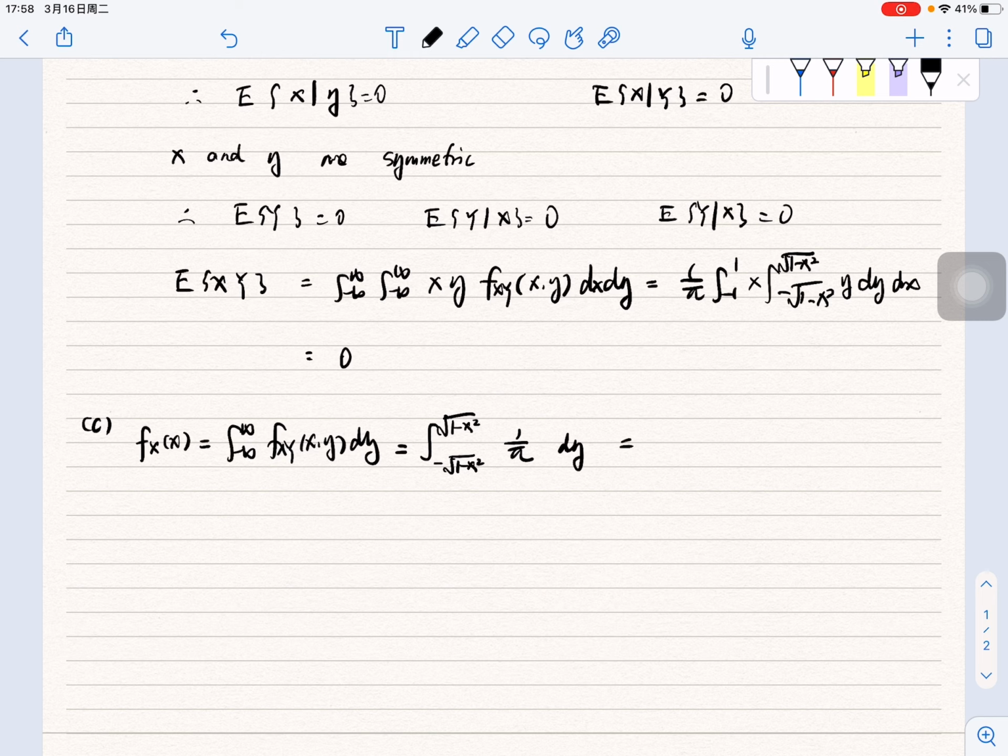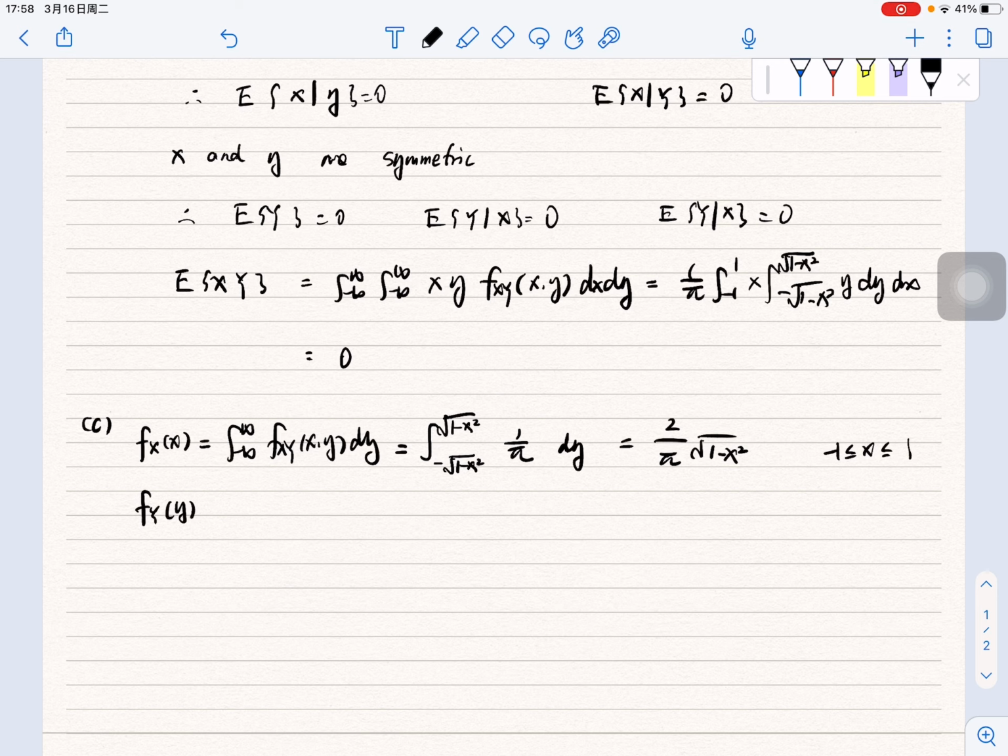And then we can get the answer 2 divided by pi, multiplied by square root of 1 minus x squared, when x is larger than minus 1 and less than 1.